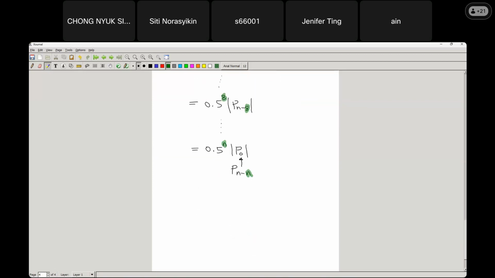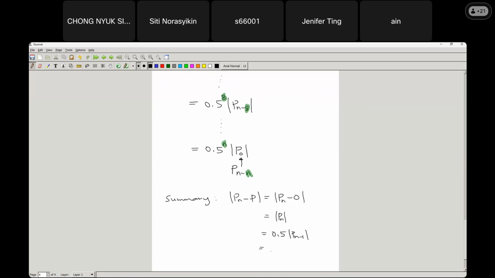So what conclusion can you make? So I make a summary. Summary will be: I have Pn minus P, which is equivalent to Pn minus 0, that is equivalent to your Pn. Next, your Pn is equivalent to 0.5 Pn minus 1.